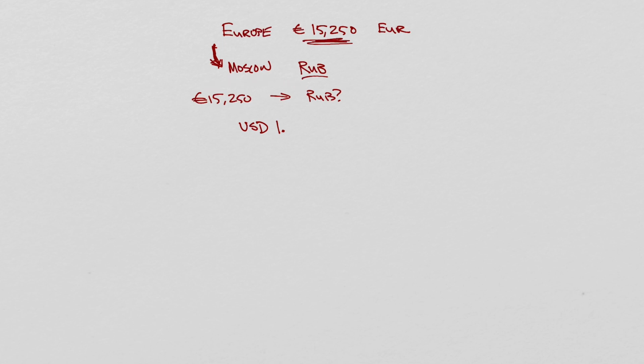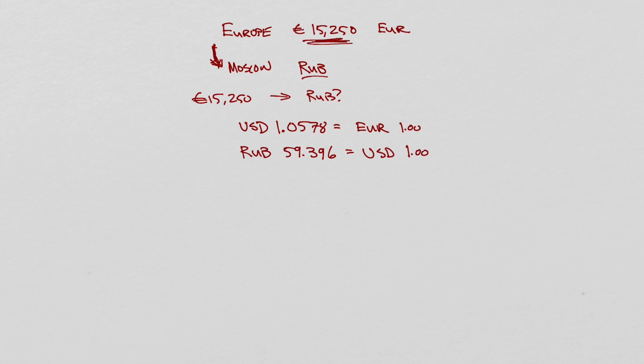More likely, what you'll find in practice is an exchange rate of the USD to the euro, and separately an exchange rate of the ruble, RUB, to the USD. So most of the time, everything's priced against the USD.